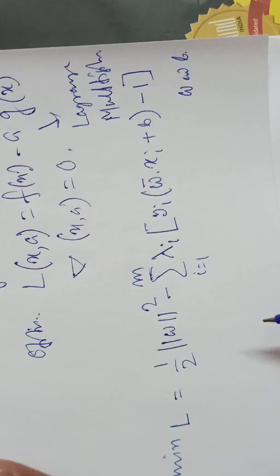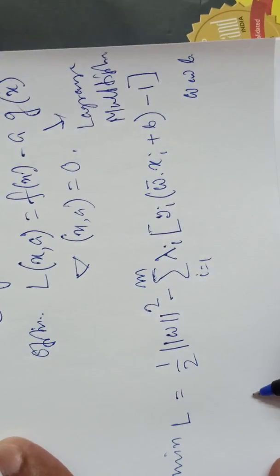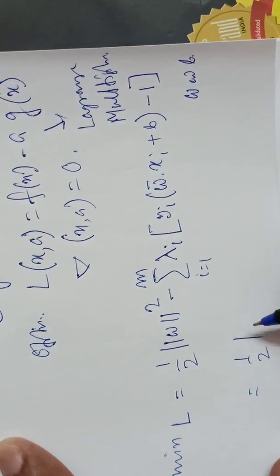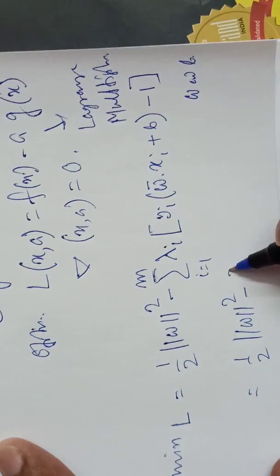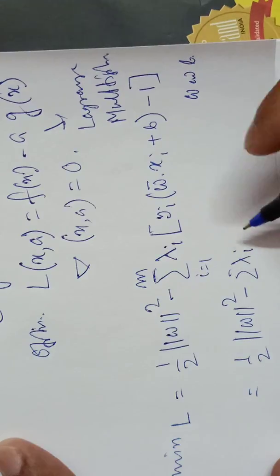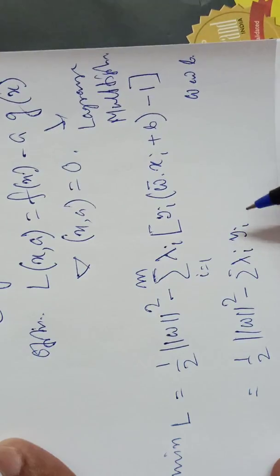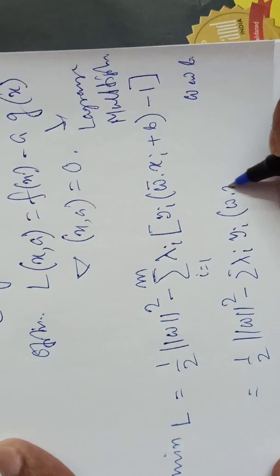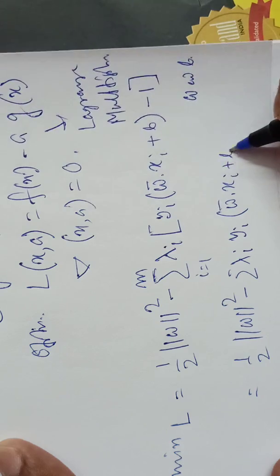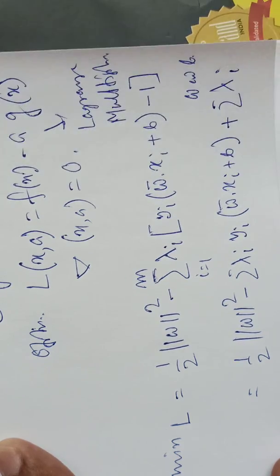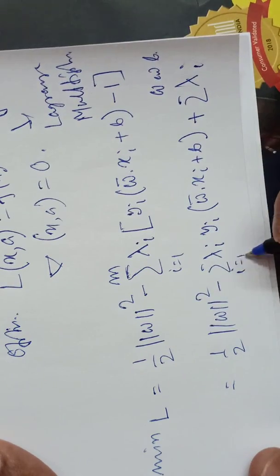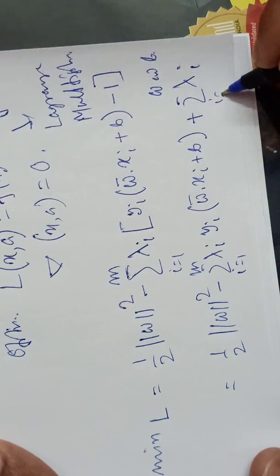Okay, so that we can write as this: half of norm square minus the sum of lambda i yi (w xi plus b) plus the sum of lambda i. So here all sums are for i equals 1 to m.